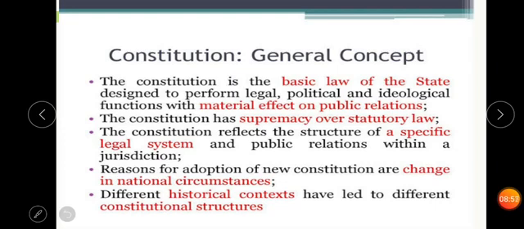The constitution reflects the structure of a specific legal system and public relations within a jurisdiction. Means if there is a constitution, every action performed by the people of the country can be regulated with the help of this book, that is the Constitution.